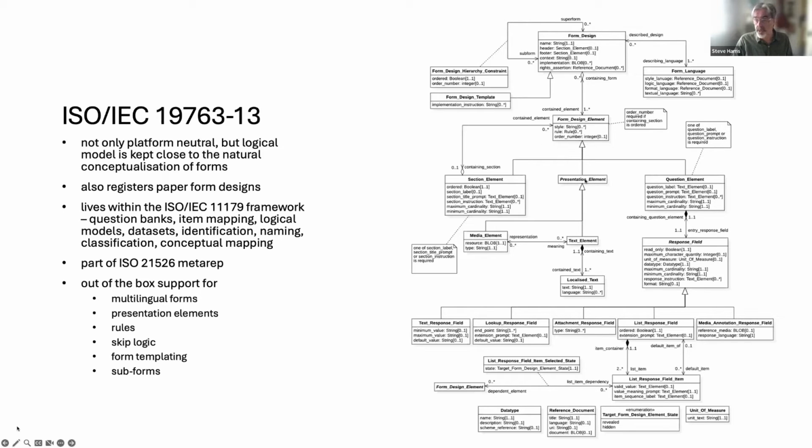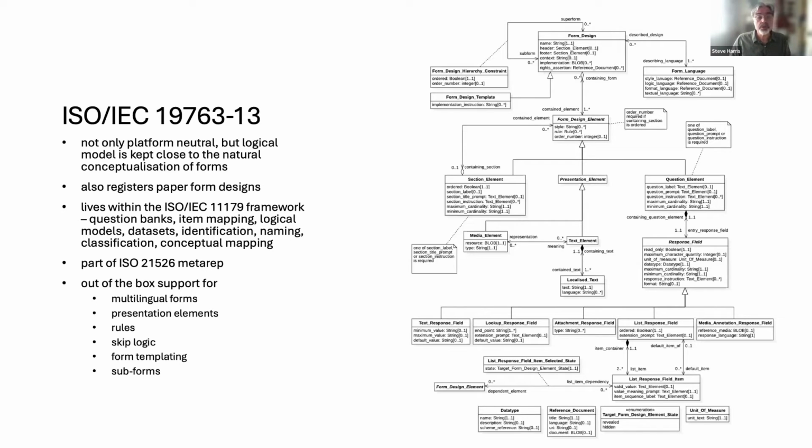And then we have sections and questions, as you can see. There's this bit here in the middle about presentation elements, which allow you to put various bits of text all over the form, or pictures, or logos and the like. And question elements have responses, and then here are our list of kind of responses with some structure around those, and some stuff here that gates the availability of questions and sections dependent on the answers of previous questions.